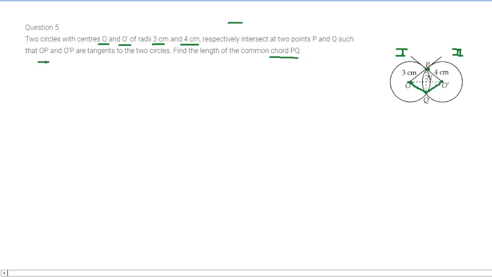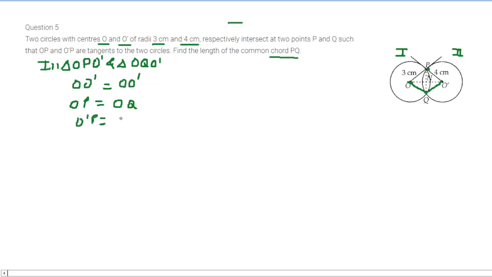Now if we observe triangle OPO dash and triangle OQO dash, OO dash is equal to OO dash because this is a common side. OP is equal to OQ, radius of the same circle. O dash P is equal to O dash Q, radius of the same circle.